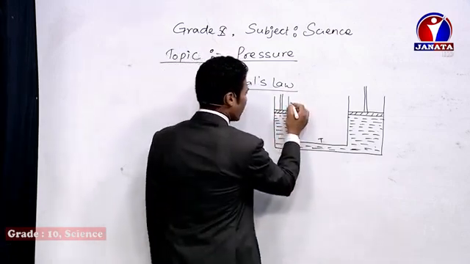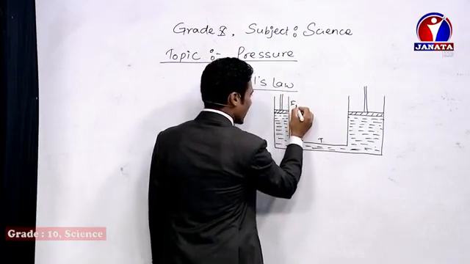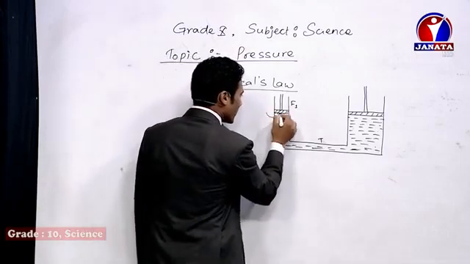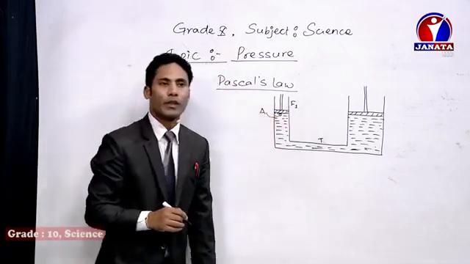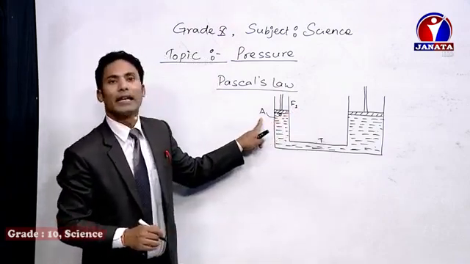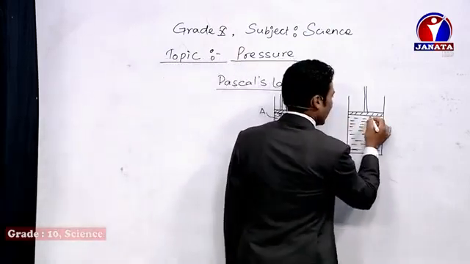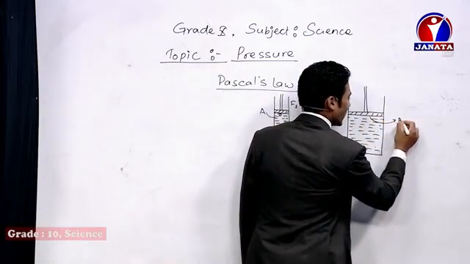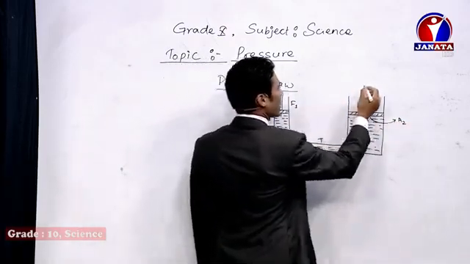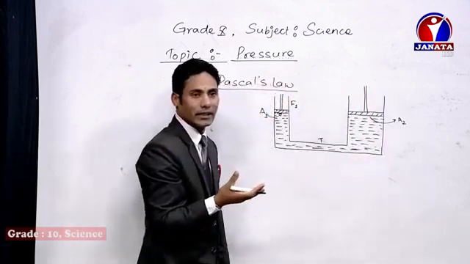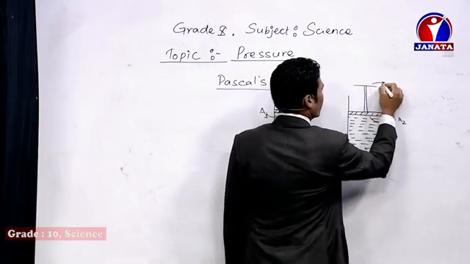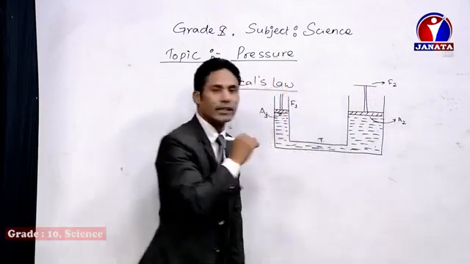Let's say the force applied on the first piston is F1, and the cross-sectional area of this piston is A1. Similarly, the cross-sectional area of the second piston is A2, and the force created on it is F2. So let's say the F2 force is created here.